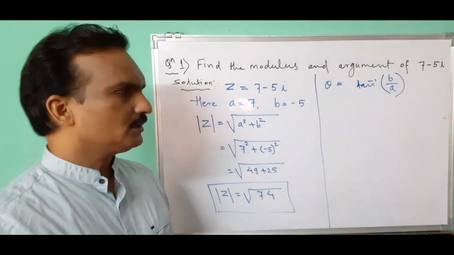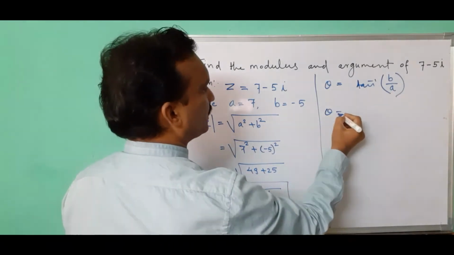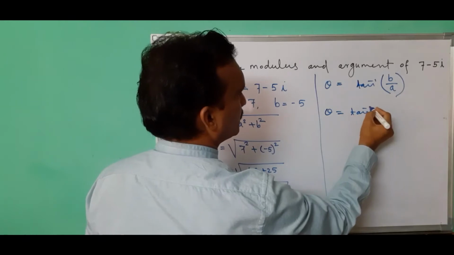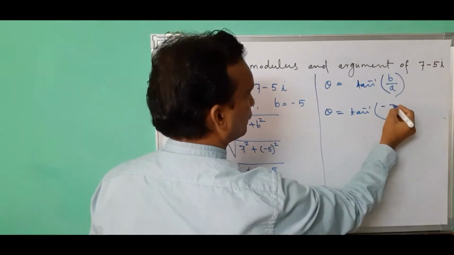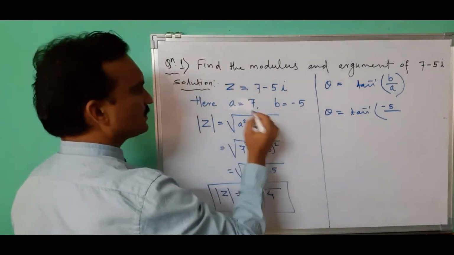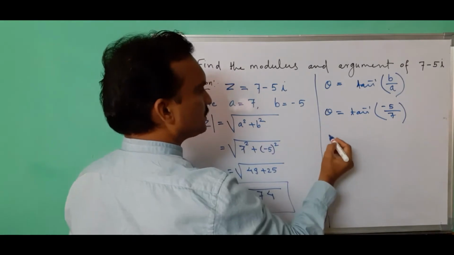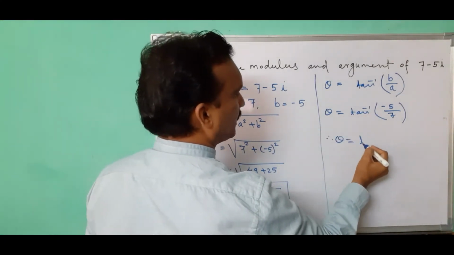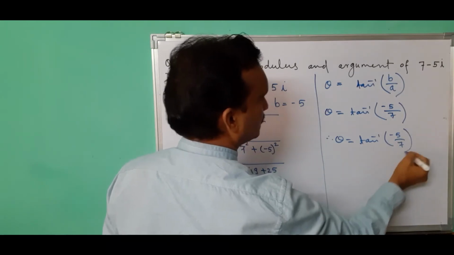Theta is equal to tan inverse b upon a. So theta is equal to tan inverse of b upon a. b is minus 5 and a is 7. Okay, so this is the value of theta, tan inverse of minus 5 upon 7.